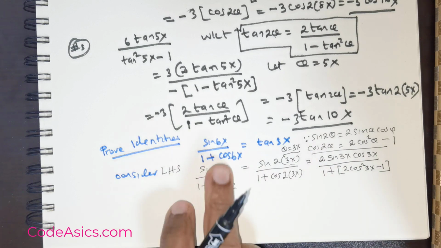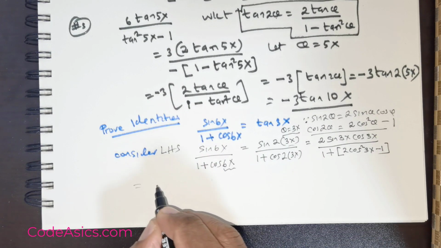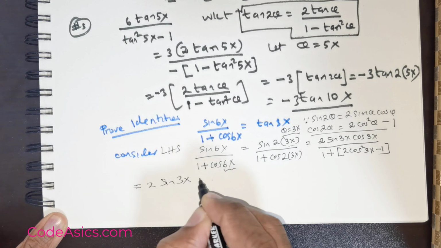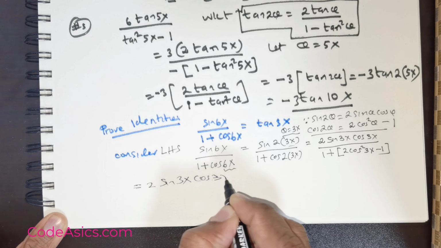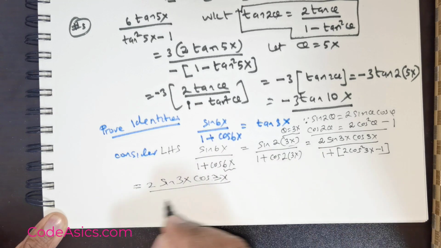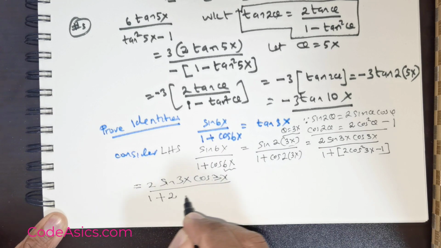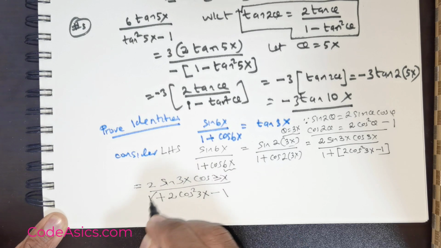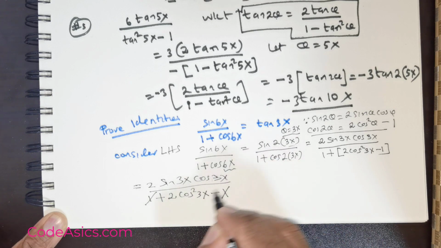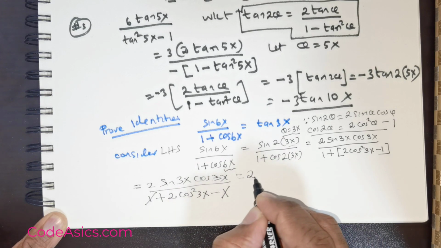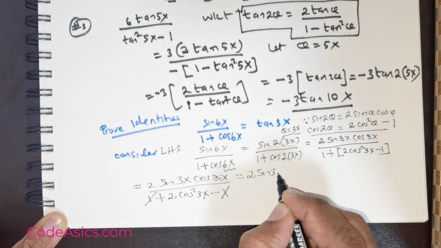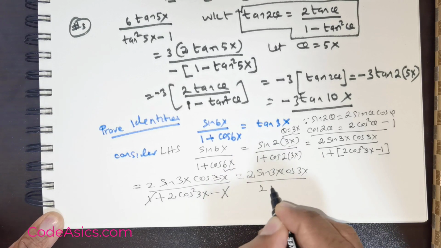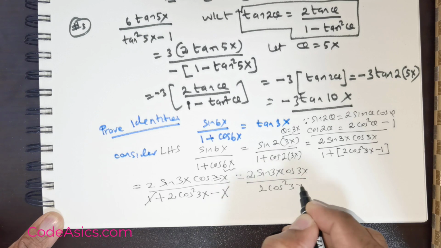So removing the parenthesis, this is equal to 2 times sine 3x times cos 3x divided by 1 plus 2 times cos squared 3x minus 1. Plus 1 minus 1 gets cancelled, and that would give me 2 times sine 3x times cos 3x divided by 2 times cos squared 3x.